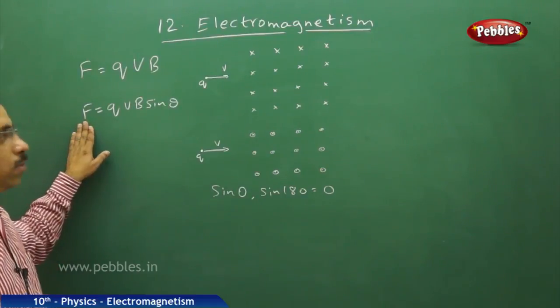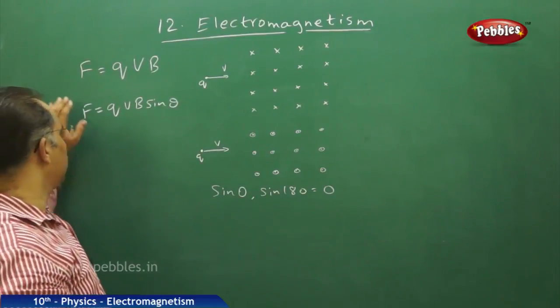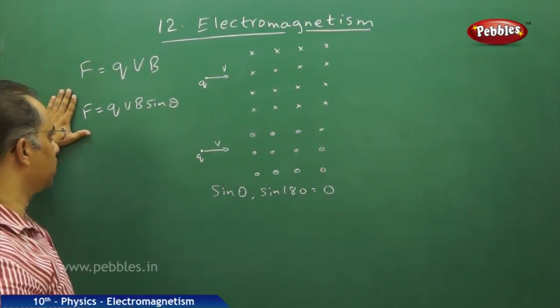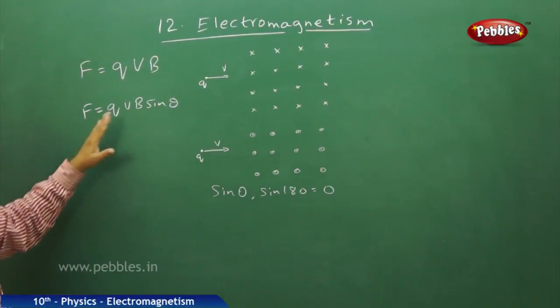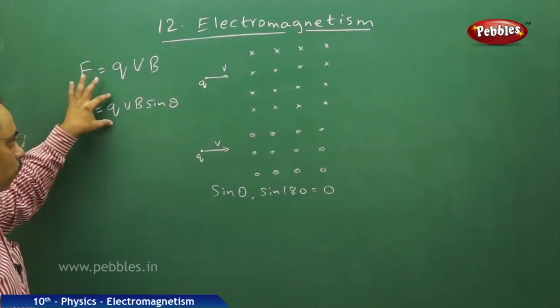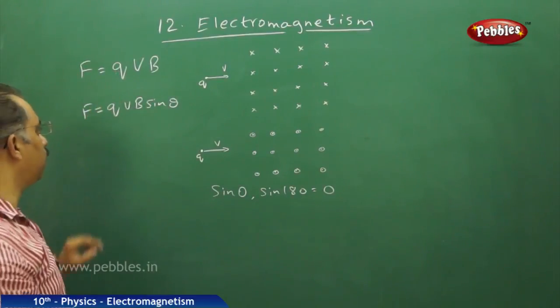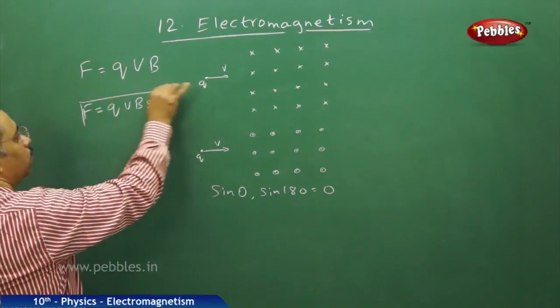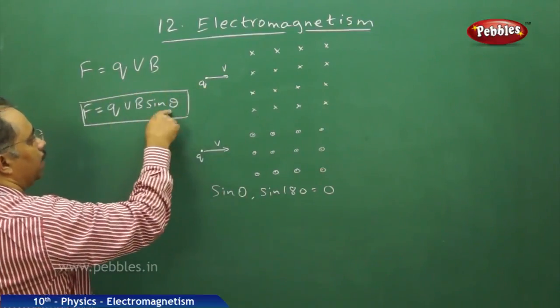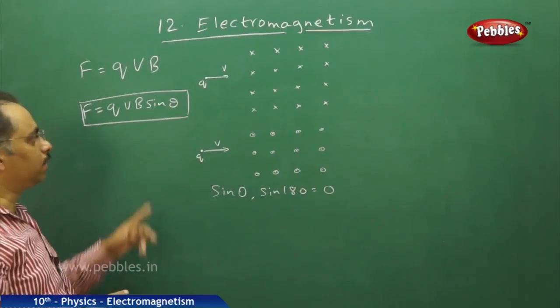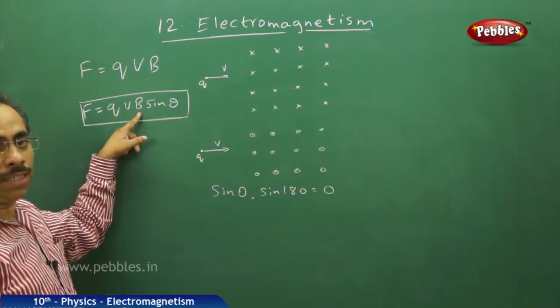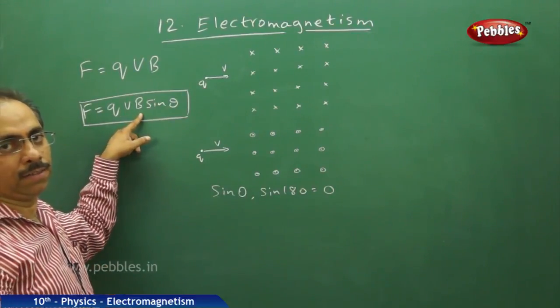So the force on a charged particle moving in a magnetic field is given by the expression F is equal to QVB sin theta, where theta is the angle between the direction of the velocity and the direction of the magnetic field.